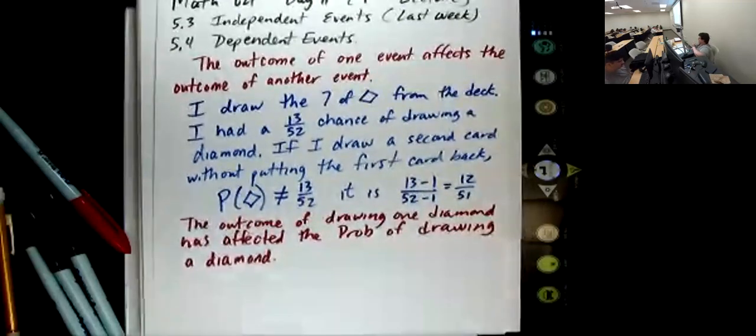It's actually affected the probability of drawing any specific card because the new total number of cards in the deck is 51. There's no longer the 7 of diamonds in the deck.